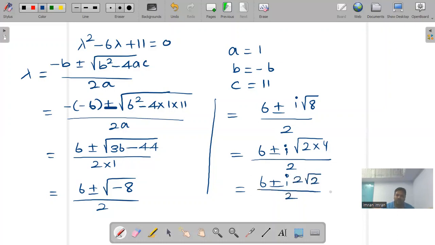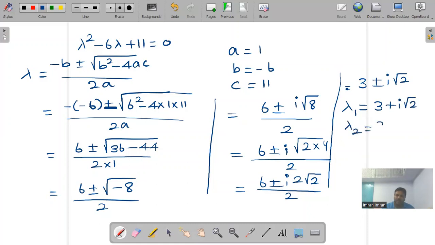We can take 2 on the denominator, divided by 2. Finally, we get 3 plus or minus i root 2. The eigenvalues, that is characteristic values, are lambda 1 equal to 3 plus i into root 2 and lambda 2 equal to 3 minus i into root 2. These are the characteristic values.